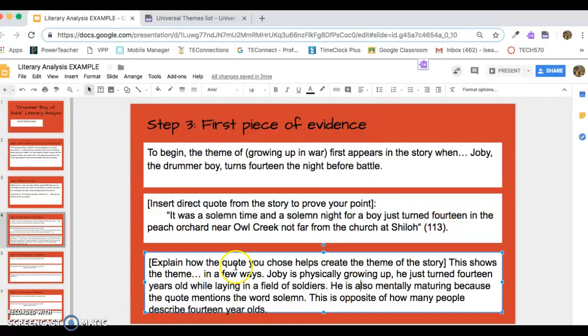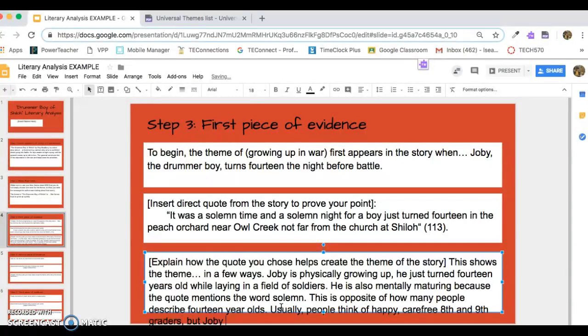So down here I need to explain how the quote I chose helps create the theme of the story. So I said this shows the theme in a few ways. Joby is physically growing up. He just turned 14 years old while laying in a field of soldiers. He is also mentally maturing because the quote mentions the word solemn. This is opposite of how many people describe 14-year-olds, and I can elaborate on that. So usually people think of happy, carefree 8th and 9th graders.